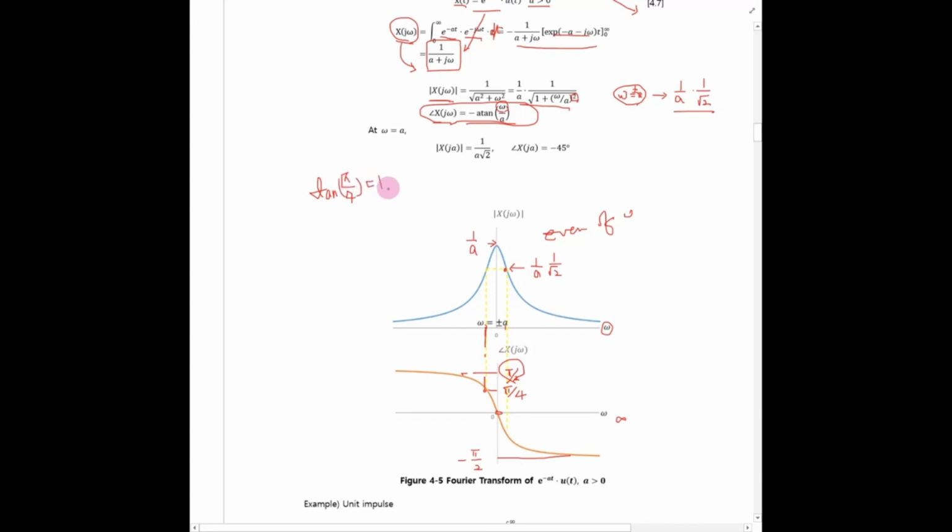So this means omega over a. And similarly, at minus a, it is plus pi over 4. Okay. This shows the Fourier transform result of the exponential function.